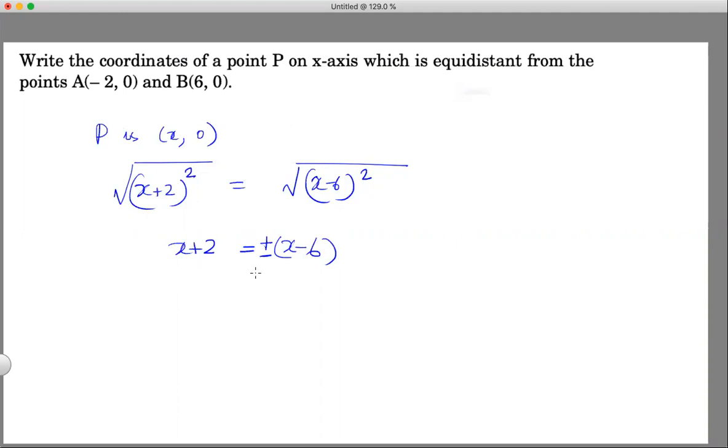Plus minus. So obviously using the plus sign doesn't give any value. So it will be 6 minus x, and x is equal to 2. So the point is 2, 0.